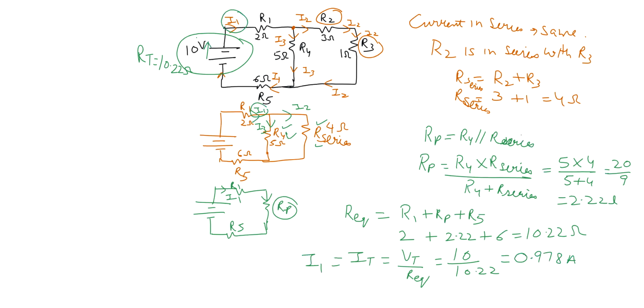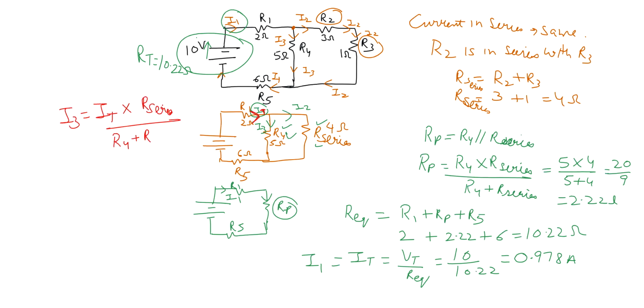The current divider rule says that I3 is I total, the total current that flows here, times the resistance in series, because I'm finding I3 in R4, divided by R4 plus R series.